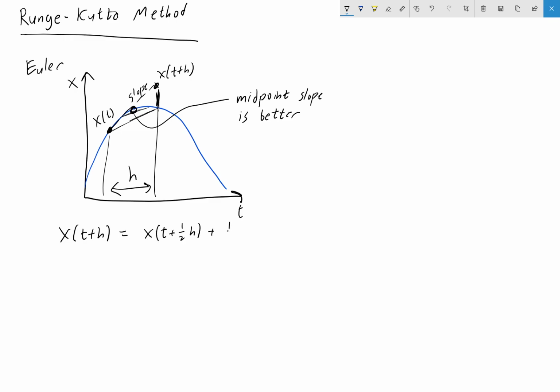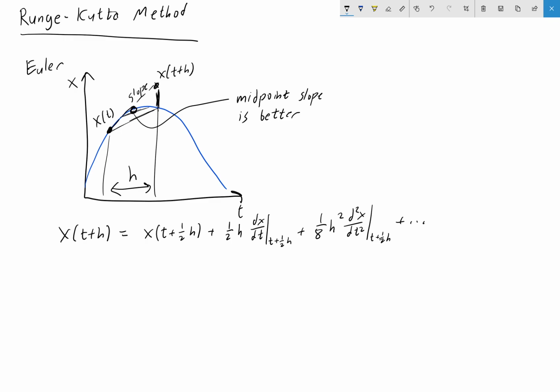To first order would be the midpoint plus an extra dx dt times 1/2 h, because we're halfway there already, where that derivative is evaluated at the midpoint. And then the second order would be a 1/8 h squared d2x dt squared. These are just terms out of the Taylor expansion, and of course this is an infinite series, but that's enough for illustration.